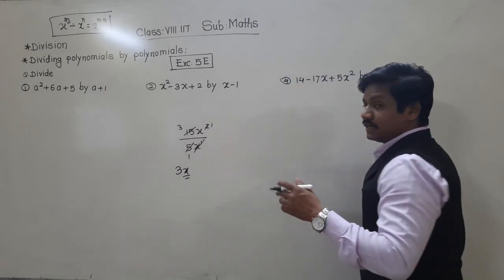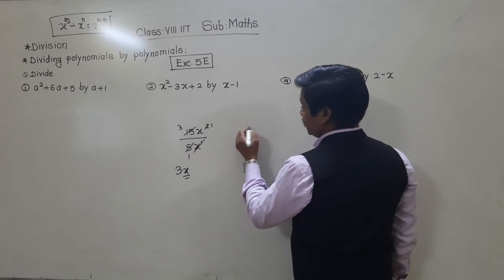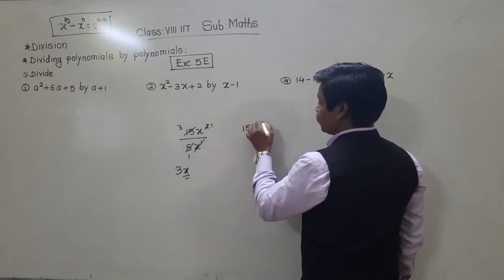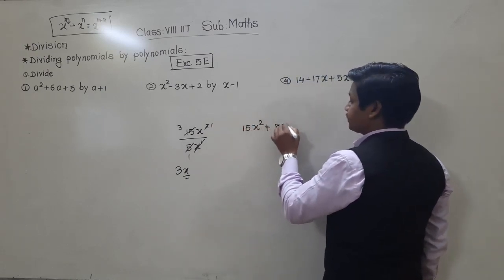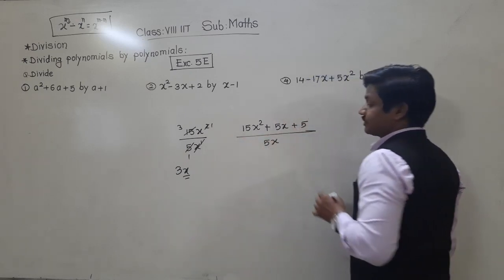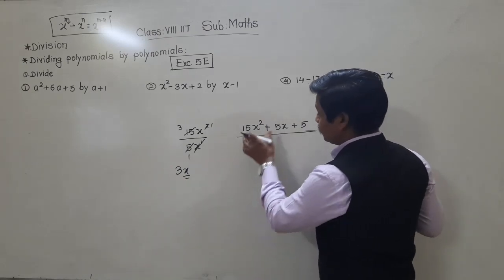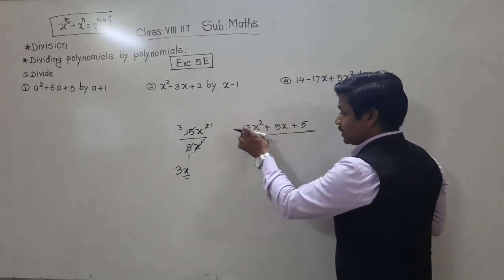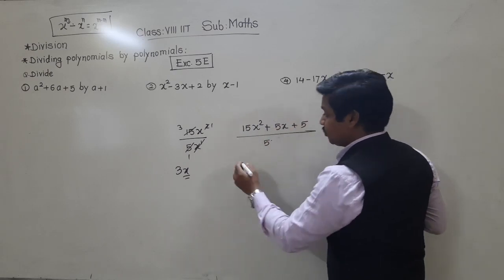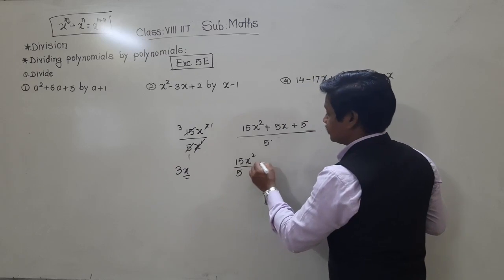Similarly, how did we divide polynomial by monomial? Suppose the polynomial is 15x square plus 5x plus 5 divided by 5. We divide each term in the polynomial by the denominator.